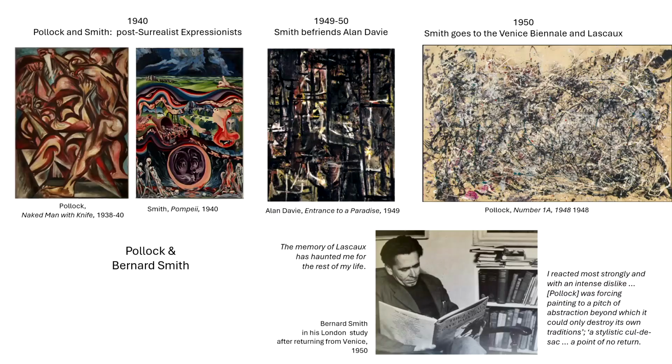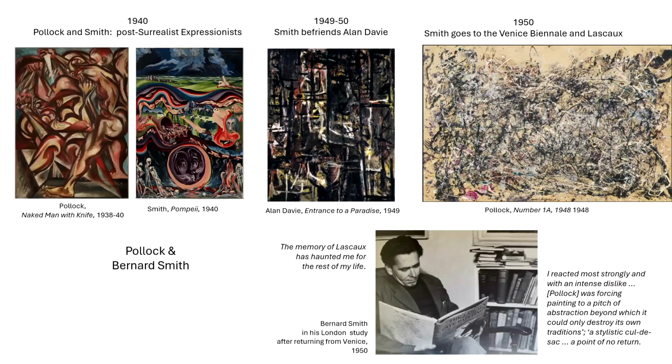Then Bernard goes to the Venice Biennale in 1950 and sees Pollock, and he had this sort of visceral reaction. He didn't just dislike it. He couldn't stand it. "I reacted most strongly with an intense dislike. He was forcing painting to a pitch of abstraction, beyond which it could only destroy its own traditions."